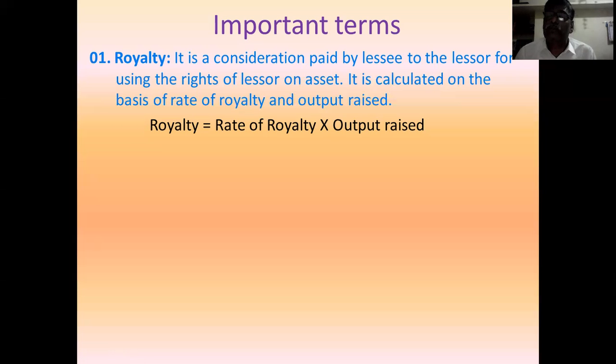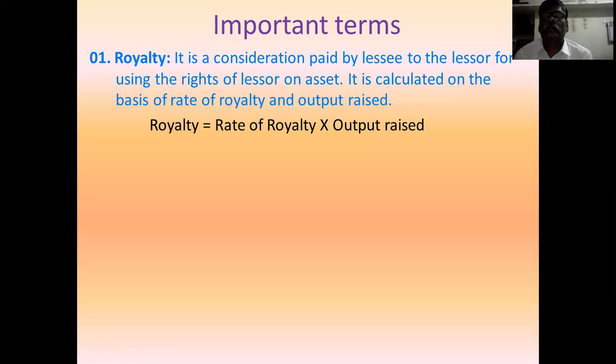And in case of copyright royalty, between author and publisher, the royalty is fixed on the number of copies printed and sold. The royalty will be fixed by the author and the publisher based on per book.